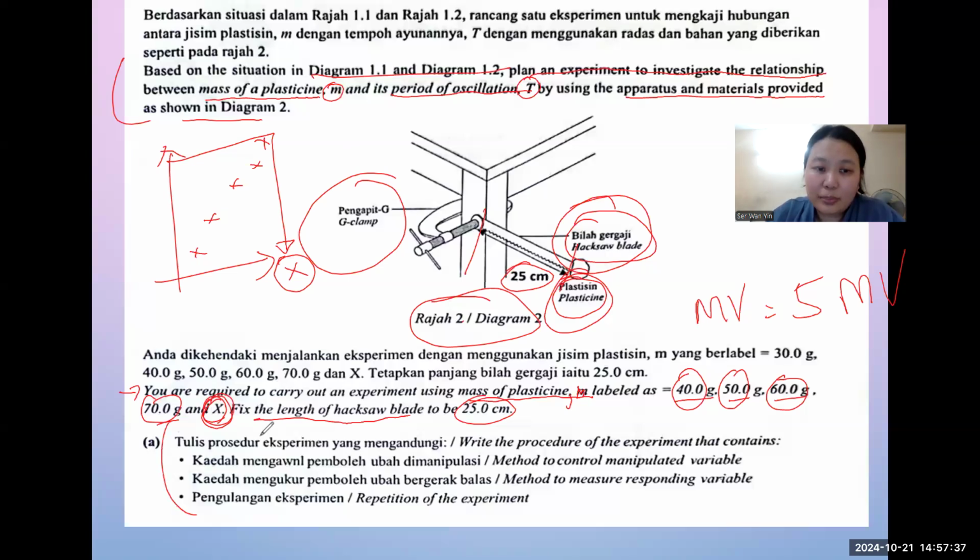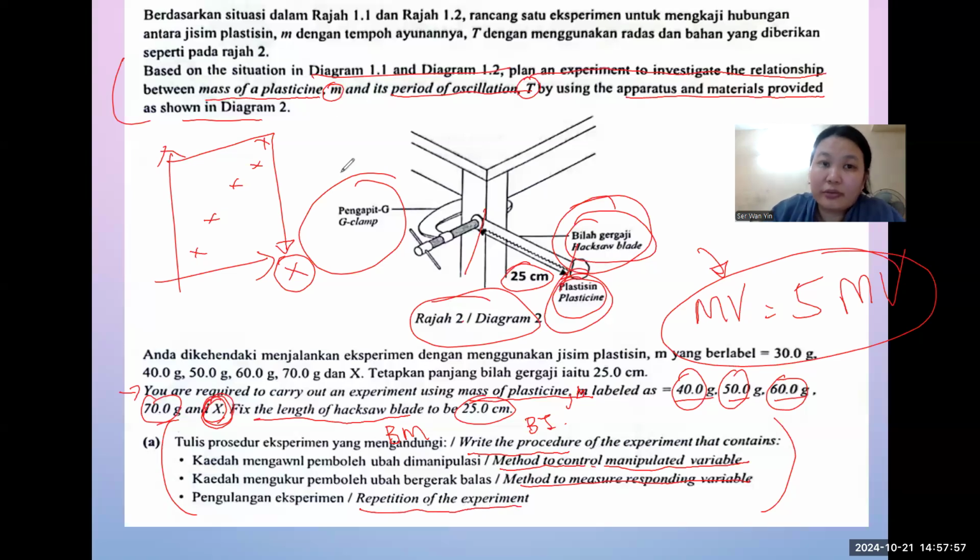Then list the procedure. Sorry, here this is MV first and RV. The procedure of the experiment consists of: method of control of manipulated variable, method to measure responding variable, and repetition of the experiment. Okay, how?